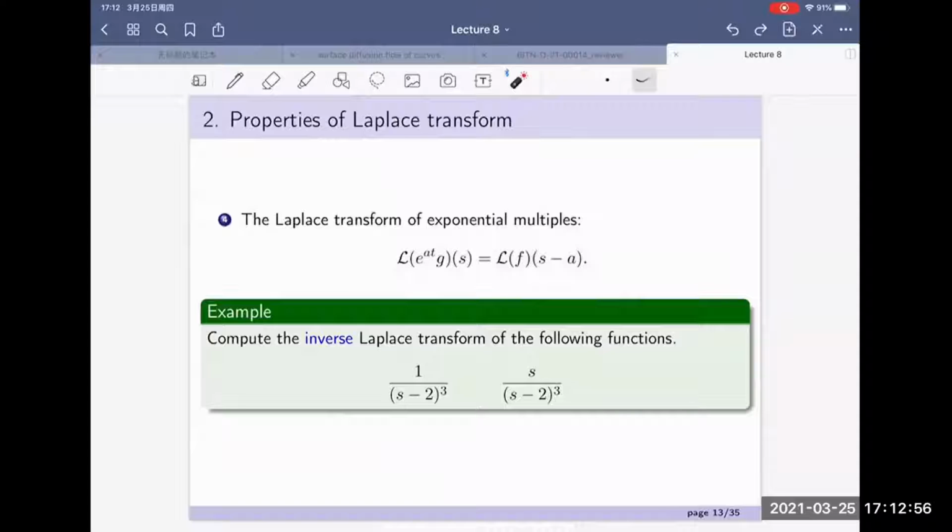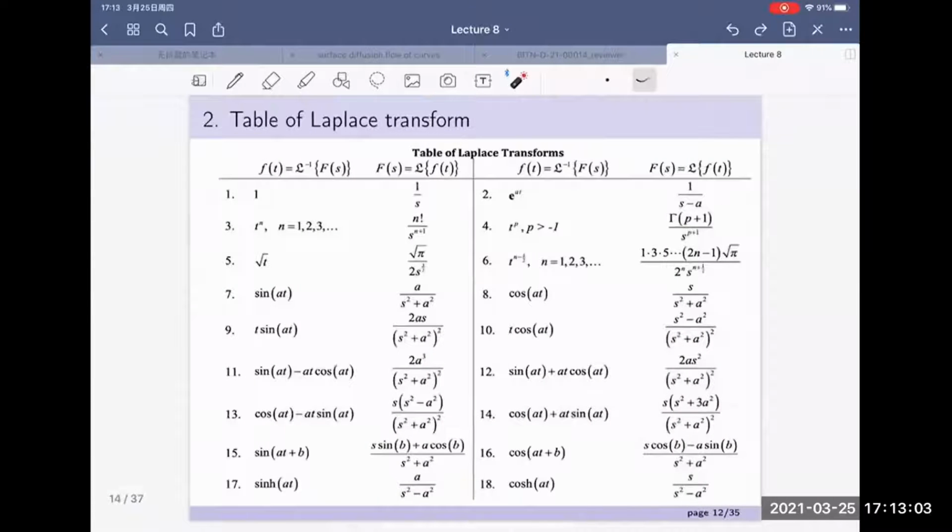For example, in the table of Laplace transforms, you have a constant over s to some power. If the power is 3, then n is 2. So you have 2 over s to the power 3, and its inverse Laplace transform would be t squared.